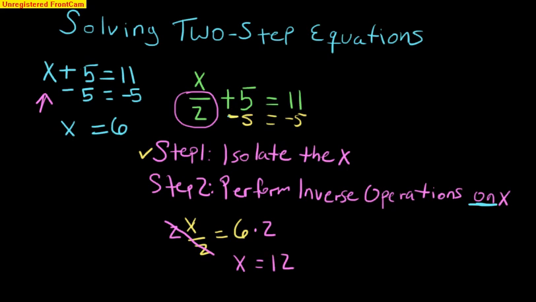Let's do another example. The next example that we're going to do is 5x plus 9 equals 24. The first thing that we want to do is isolate the x. We want to have our x's on one side, we want to have our numbers on the other.